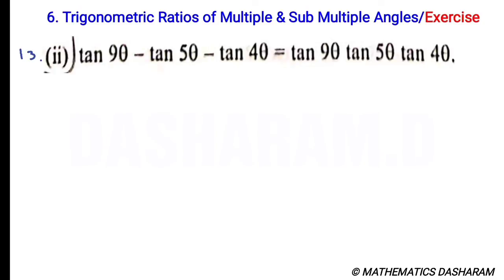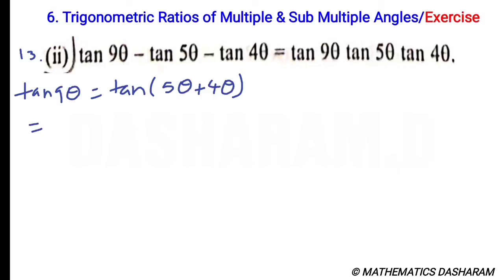13th bit, second problem: prove that tan 9 theta minus tan 5 theta minus tan 4 theta equals tan 9 theta into tan 5 theta into tan 4 theta. So first I am going to select tan 9 theta. So tan 9 theta equals, here we require 5 theta and 4 theta, so that is why tan 9 theta can be written as tan of 5 theta plus 4 theta.